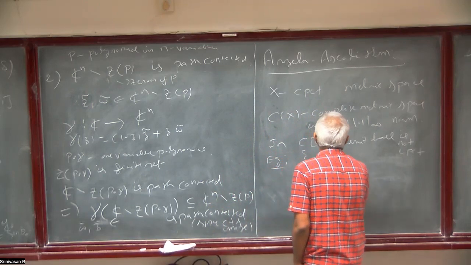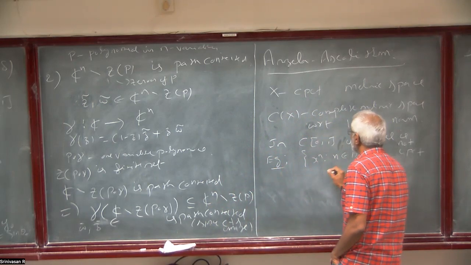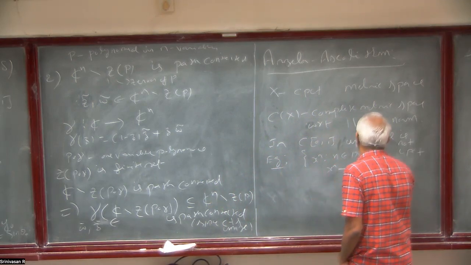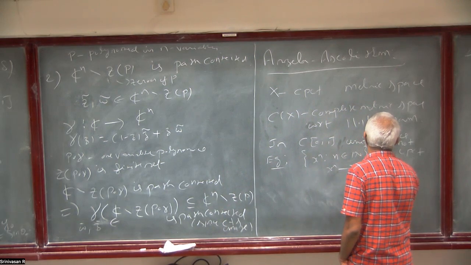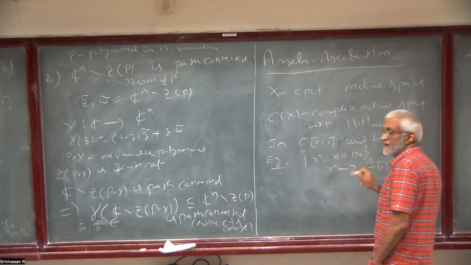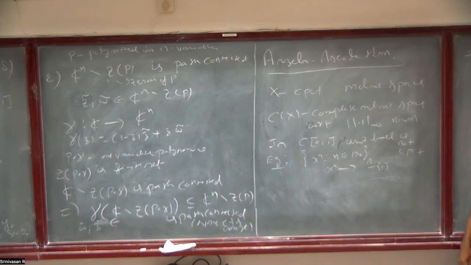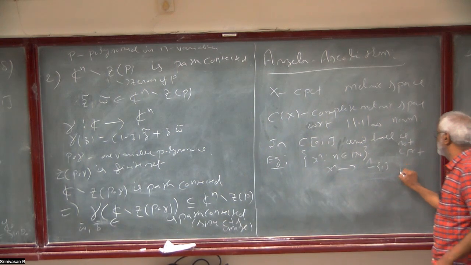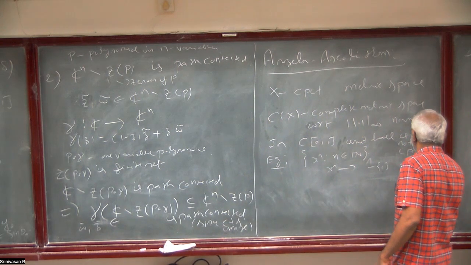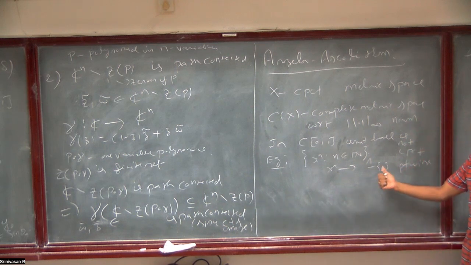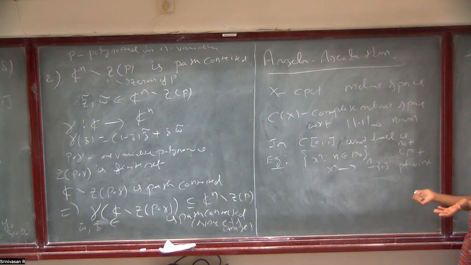Then x power n will converge to the function which is 1 at x equals 1 and 0 everywhere else, right? And the convergence is pointwise. But this is a discontinuous function, so the convergence cannot be uniform. If something converges uniformly and pointwise, the limit has to be the same, by definition.